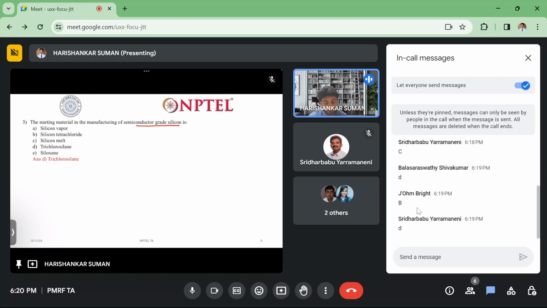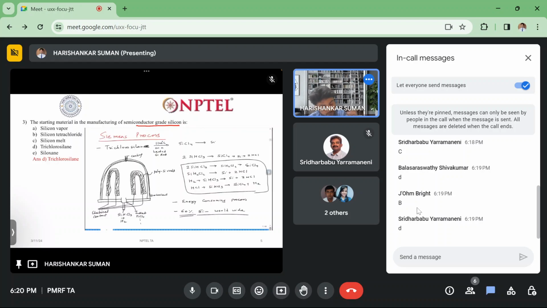So D is the answer. In the Siemens process, the starting material is trichlorosilane for semiconductor grade silicon.